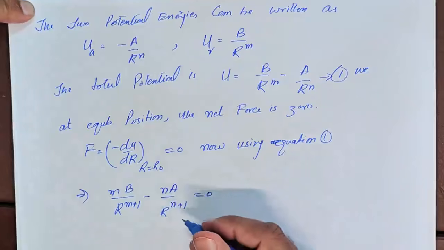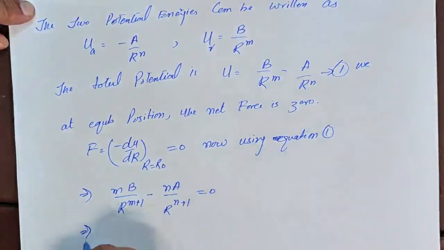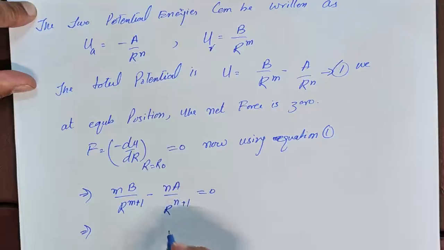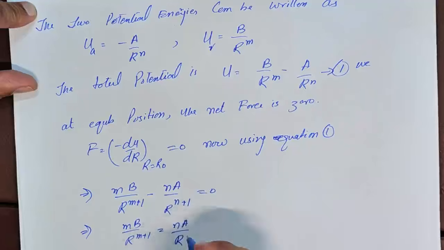This is the first derivative with respect to r of equation 1. mB divided by r^(m+1) is equal to nA divided by r^(n+1).